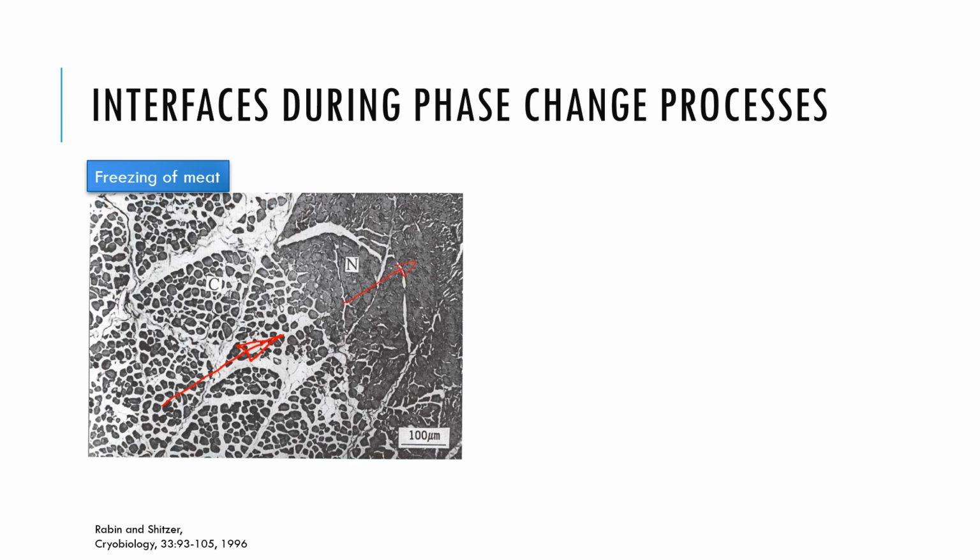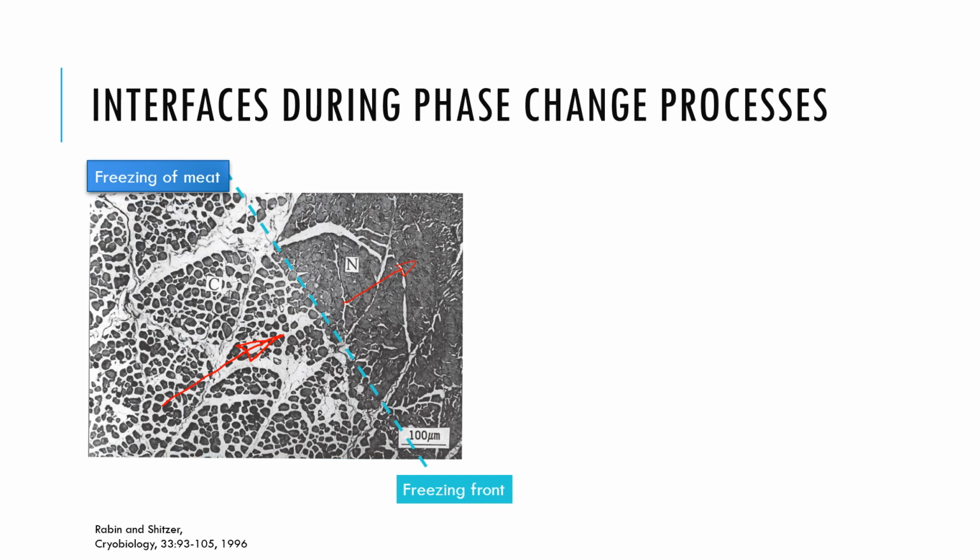And so the interface between the frozen and the unfrozen is what we are referring to. In the case of sharp boundary formulation, we treat this interface like a line of zero thickness. It's a very sharp boundary. That's what we mean by sharp boundary.